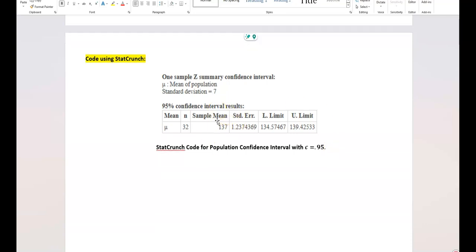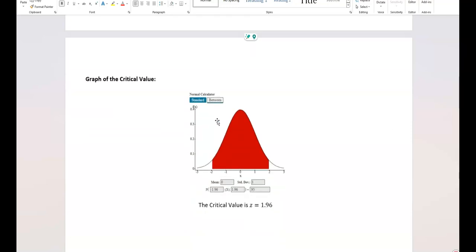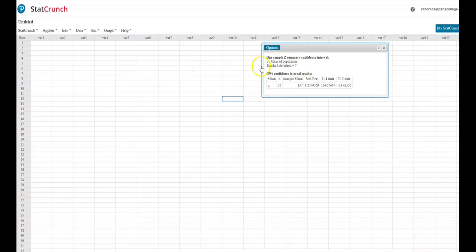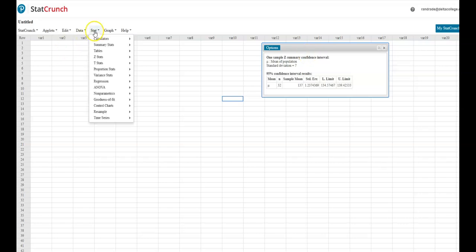Now, the last picture, you're going to be using StatCrunch or any other emulator to do a critical value. So let me go back to StatCrunch. And once again, to run this one, you go to stats and Z-stats. For your project, you're most likely going to be doing T-stats. Now, for the critical value, we're looking at the following.